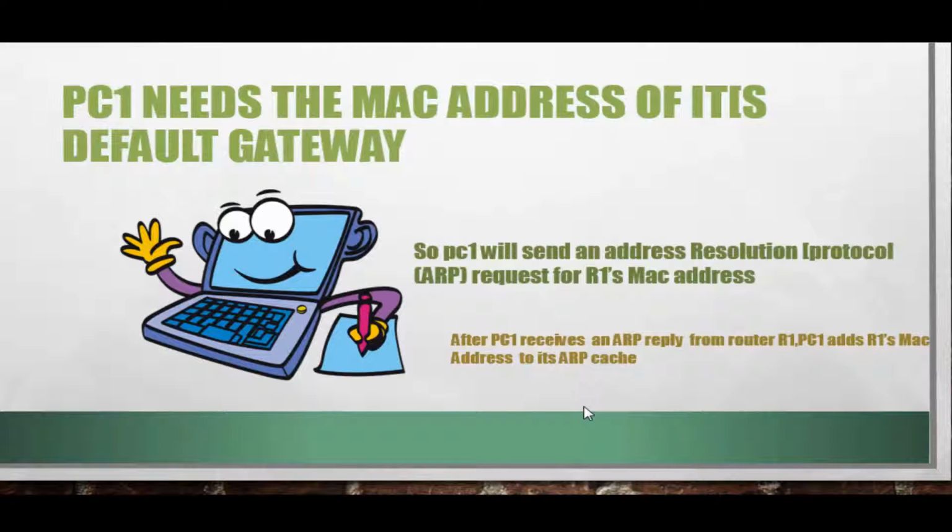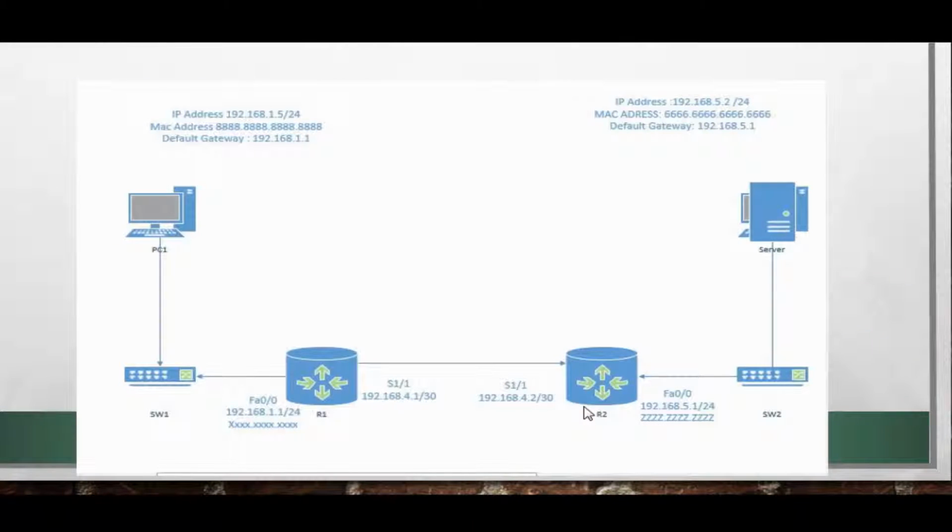After PC1 receives an ARP reply from router R1, PC1 adds the R1 MAC address to its ARP cache. As we mentioned before, it's going to be something similar to this. It's going to send an ARP request from PC1 directly to R1, router 1, and R1 is going to reply with an ARP reply.